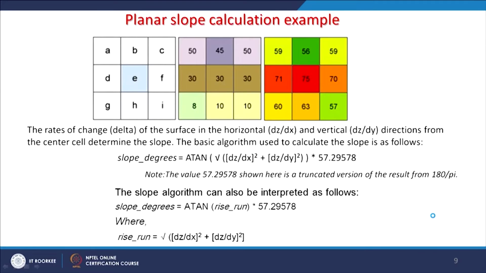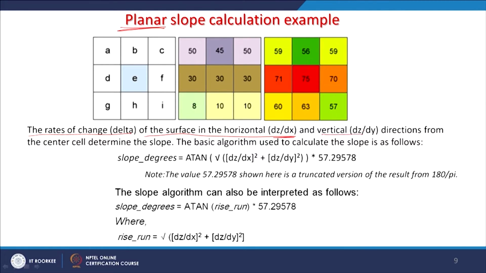Let us take another example, but now I am introducing two different types of slopes. One is the planar slope, and in case of planar slope, this rate of change or delta of the surface is in the horizontal direction, dz by dx, and in the vertical direction, dz by dy.